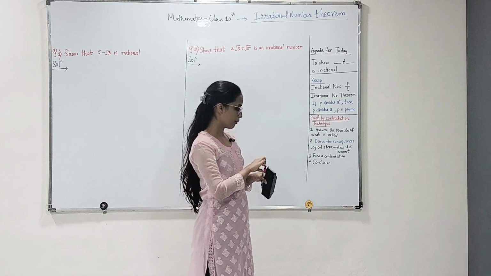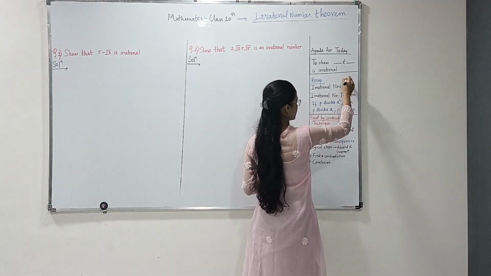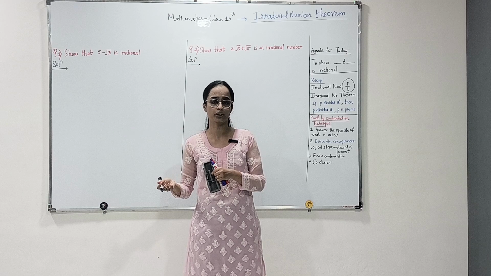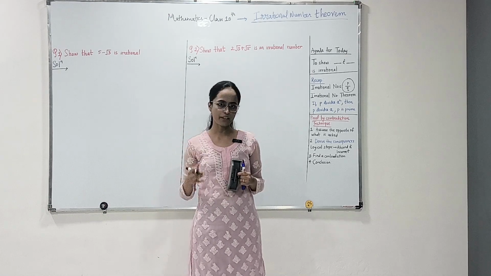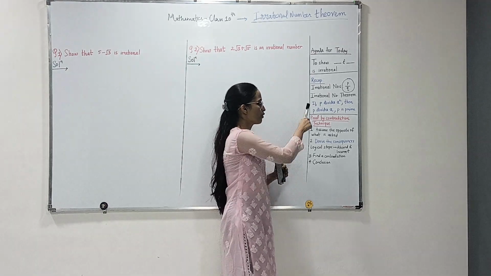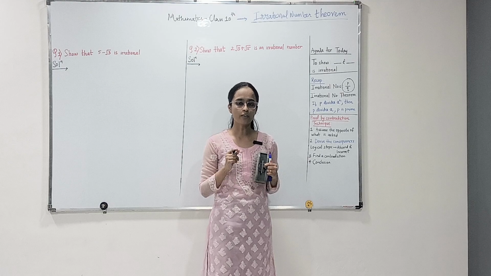But any number which cannot be expressed in this form is an irrational number. So the ones which are not rational, which are not of the form p by q, are called irrational numbers.